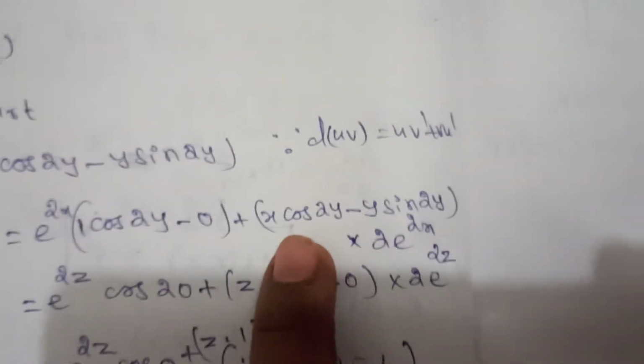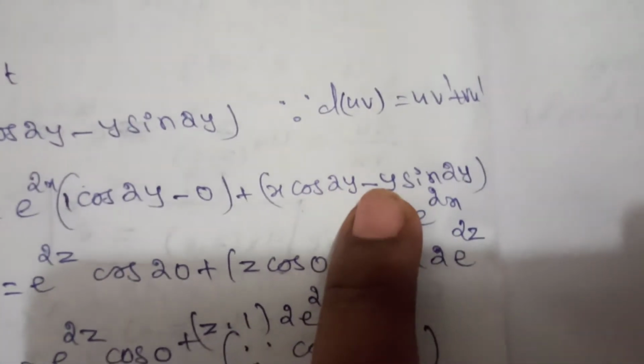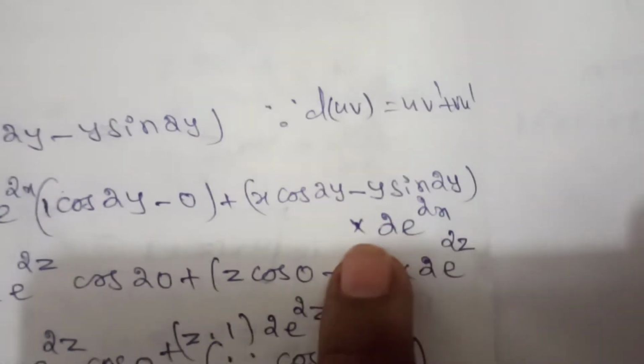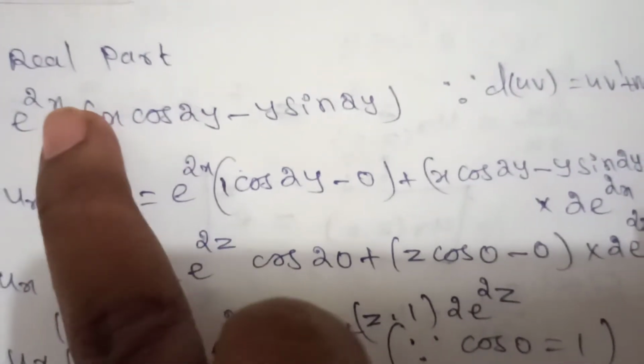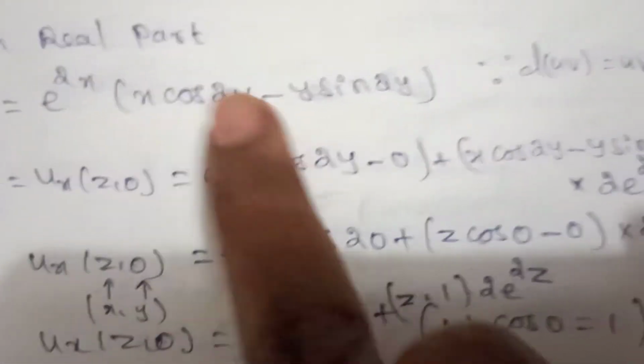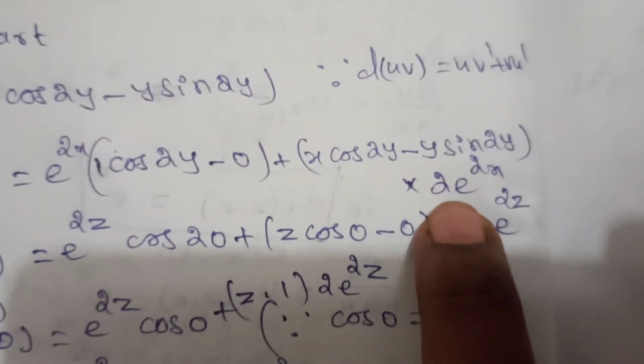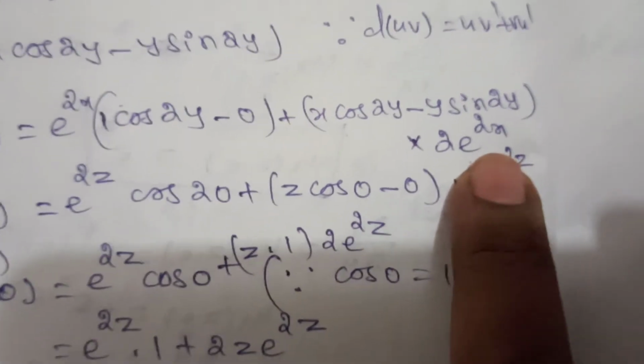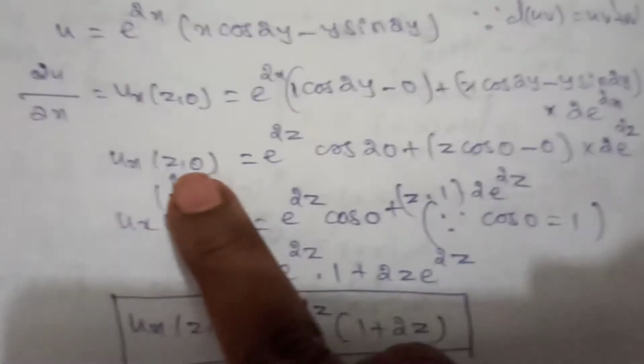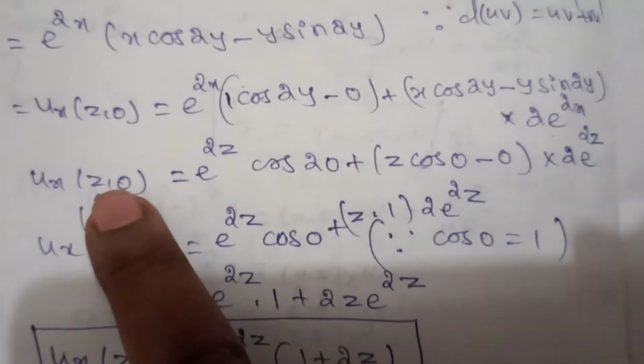That is the v value, x cos 2y minus y sin 2y, into u dash. The u value here is e power of 2x, whose differentiation we can write as 2 into e power of 2x. Okay, and now apply the point (z, 0).